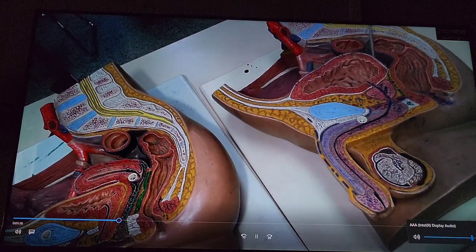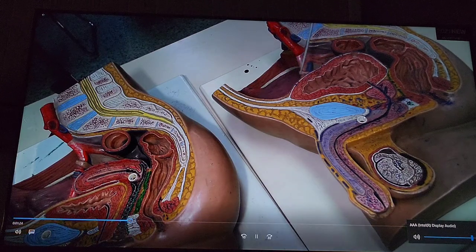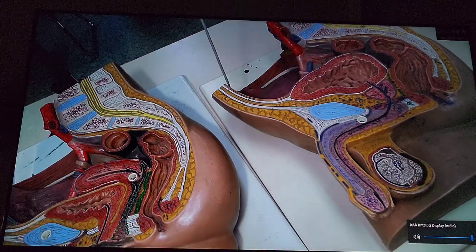From the upper edge of the back of the bladder, the peritoneum covers the upper surface of the bladder, and descends on both sides forming what we call the paravesical pouch, which passes toward the pelvic wall. Then it runs forward toward the anterior abdominal wall.